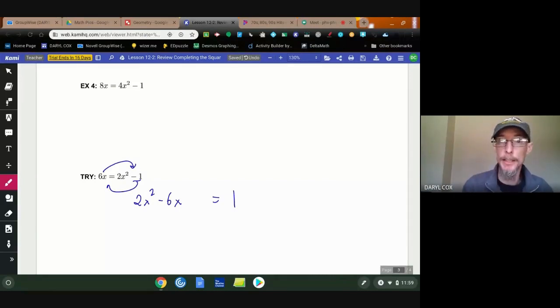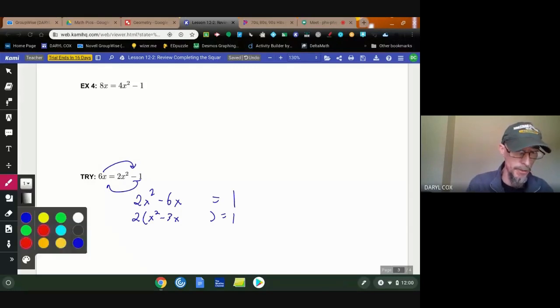Okay, oops, I got a leading coefficient, so I need to take that out. Take out the 2. So that's x squared minus 3x equals 1. Excellent. So far, so good. I've gone through moving my x's. I've gone through getting out the coefficient. Now I need to find my square. So I go, let me get that square.